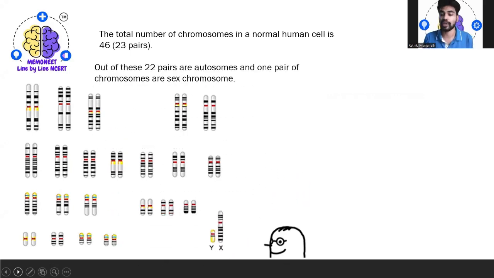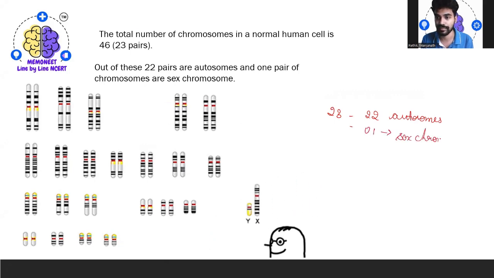Out of these 46, that is 23 pairs of chromosomes, 22 pairs are autosomes, and the remaining one pair are sex chromosomes. Sex chromosomes are either XX or XY, depending on the gender.